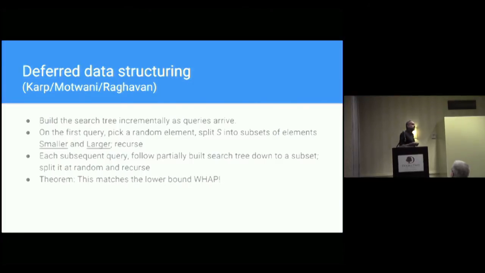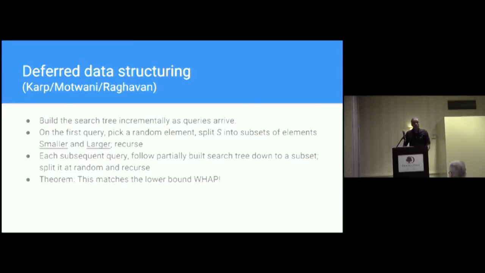Okay? So when you're done, if life is fair, you've answered the first query with about 2n comparisons, which is not too far off the best you could do. But at the end of answering the first query, you've got a partially built search tree, right? You've got this blob here, you've got two smaller blobs here, but wait, you've expanded one of the smaller blobs and smaller blob and smaller blob all the way down to the leaf, right?